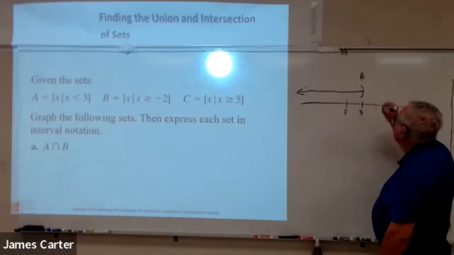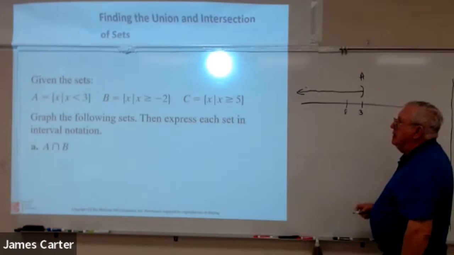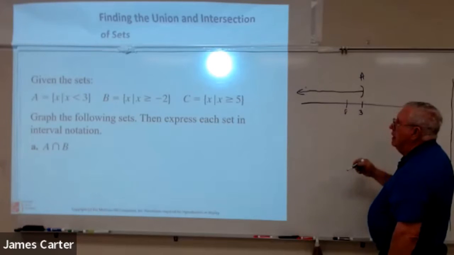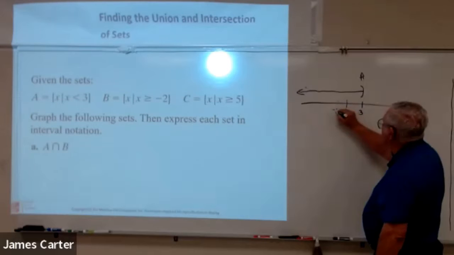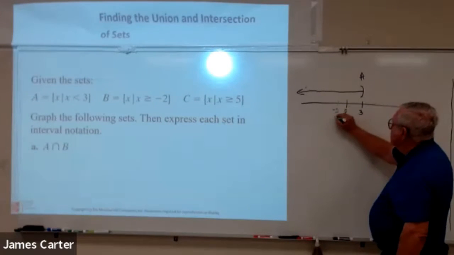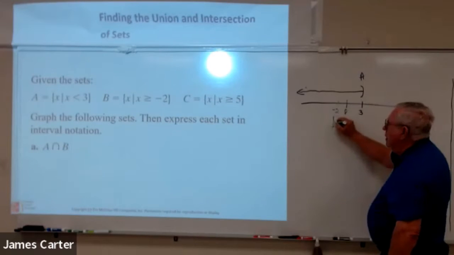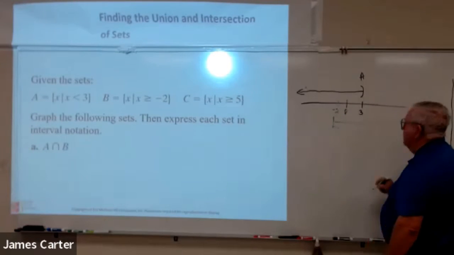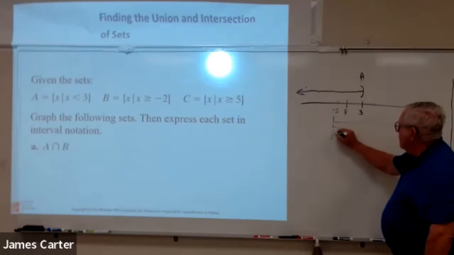That's set A. Set B. X is a set of values over here at -2, and it says that X is greater than or equal to -2. This is set B.